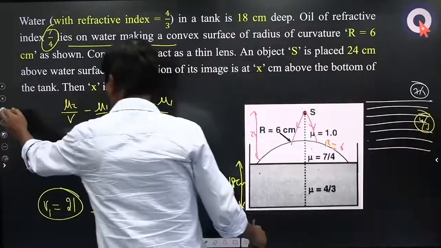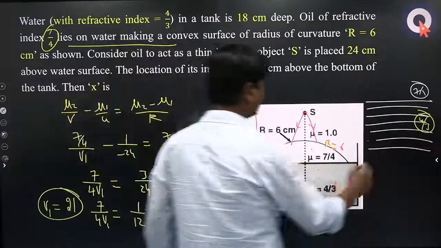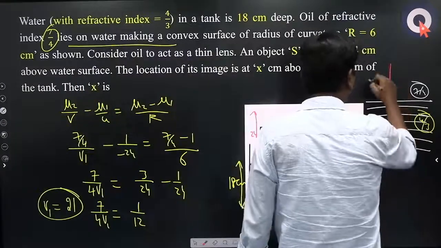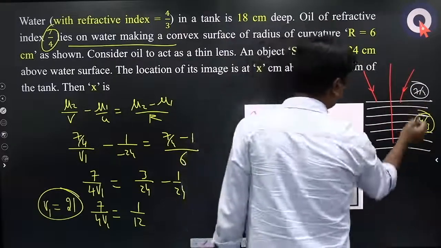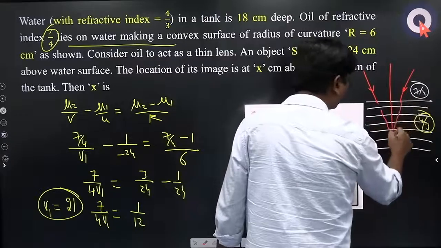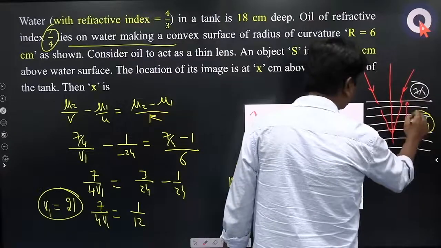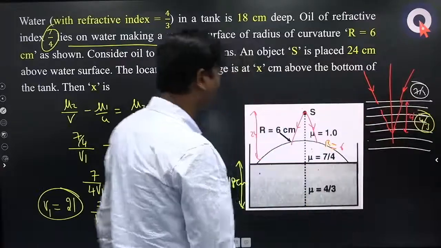Now the rays are trying to converge like this, as if they are coming from 7 by 4 to 4 by 3. They are trying to converge exactly at 21 here, but there is a change in medium from 7 by 4 to 4 by 3.